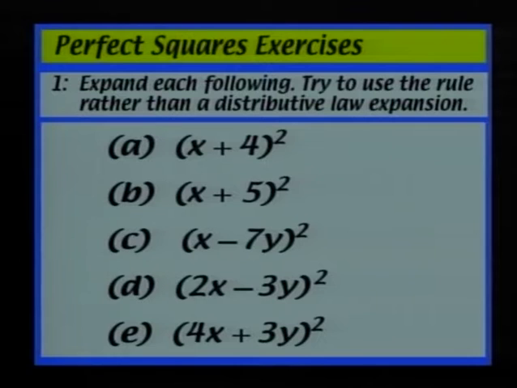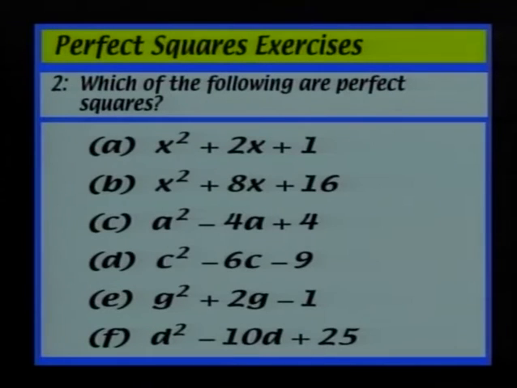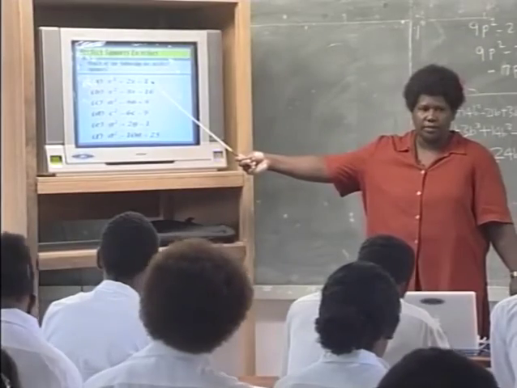Now, what we are going to do is look at this exercise on the monitor and do it orally. We are going to tell me whether the expression is a square or not. To find out, first you look at the first term and the last term.